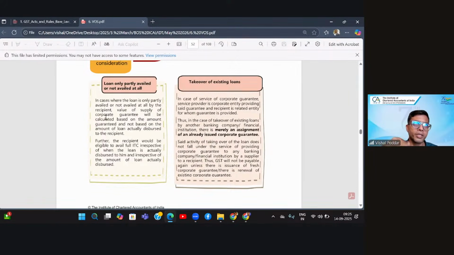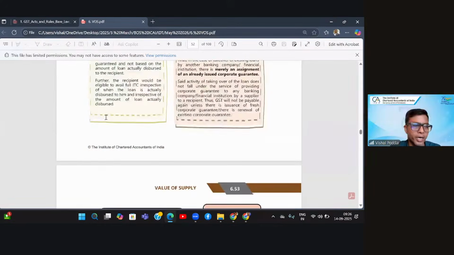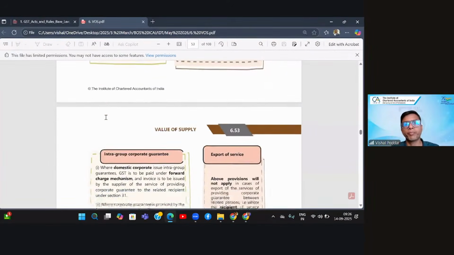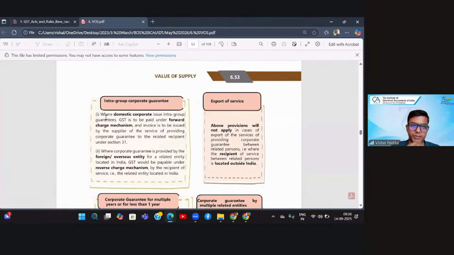So whether it will be said that in this year you have again given a guarantee, the answer is no. Already at the start of the year, we took 1% value for the whole year. That 1% was taken for this loan, whether it is with SBI or in between the year it is switched to IDBI. That will not change the answer, meaning there will not be again a value. The value remains the same, that is 1% calculated at the start. So mere switching of loan will not become another service.